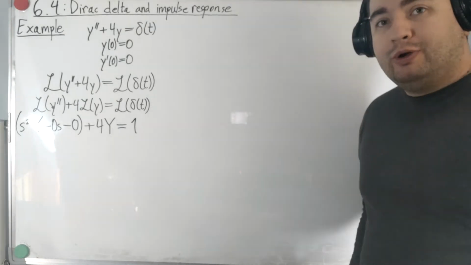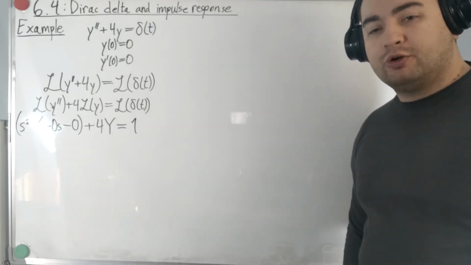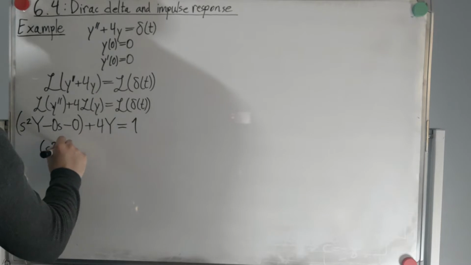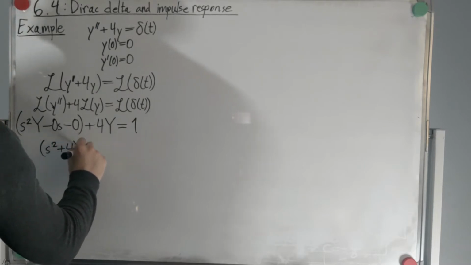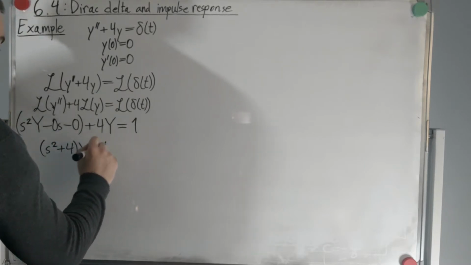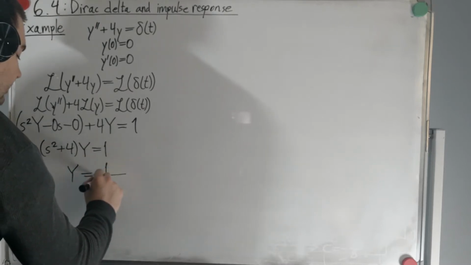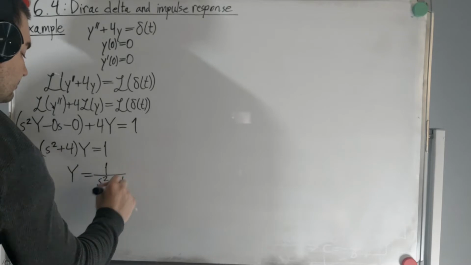Now we have an equation that we can solve for capital Y, the Laplace transform of our solution. We get (s squared plus 4) times Y equals 1, in which case Y equals 1 over s squared plus 4.